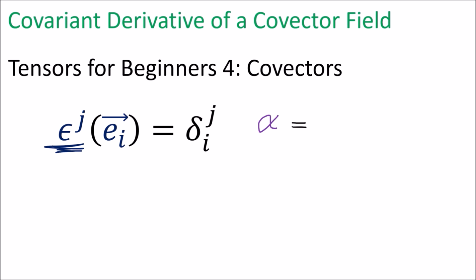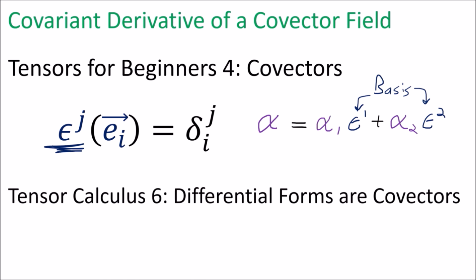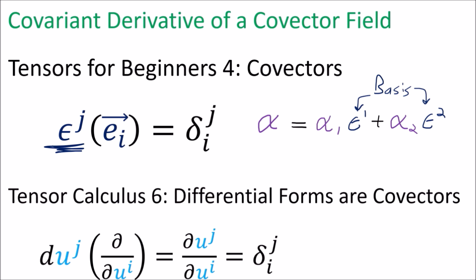And these epsilon covectors act as a basis, so we can write any covector as a linear combination of these epsilon covectors. And in the tensor calculus video number 6, I talked about how, just as this partial derivative is the calculus equivalent of the basis vector e_i, this differential du^j is the calculus version of the covector epsilon j.